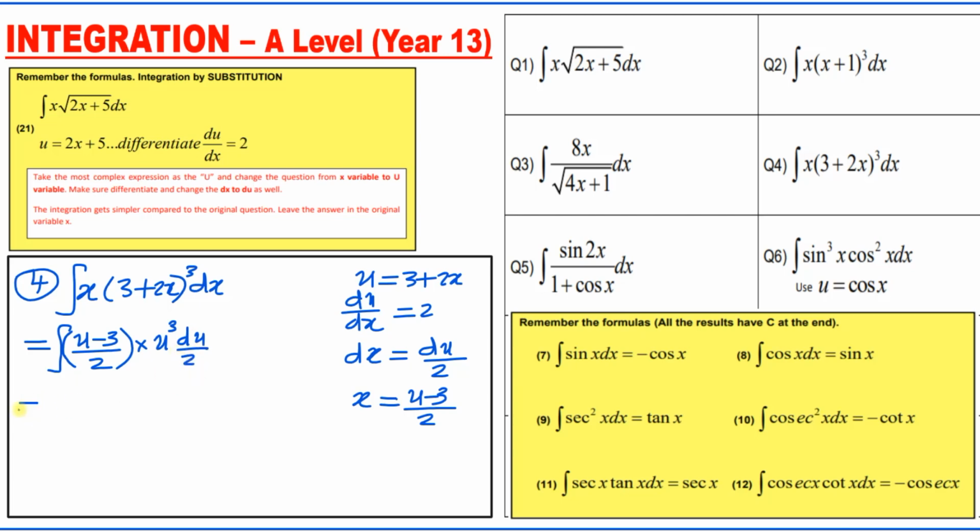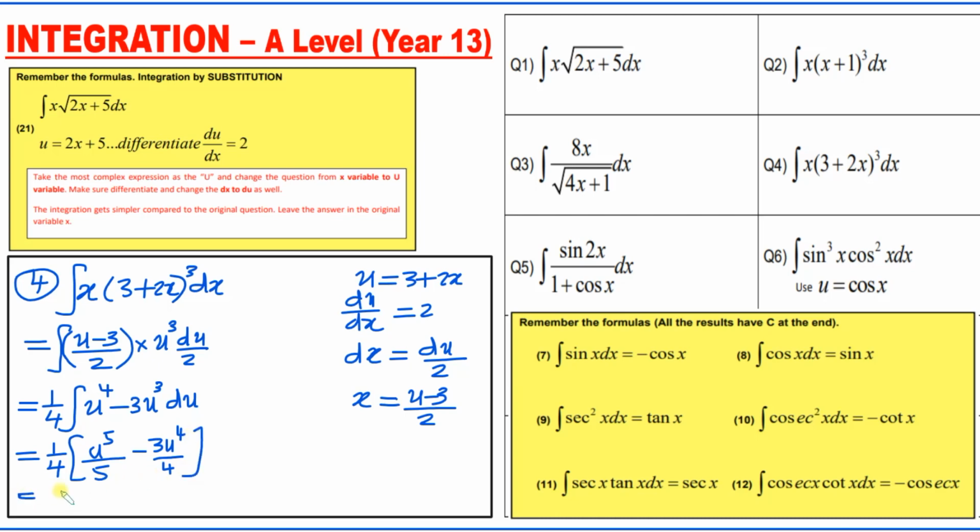So now a quarter outside, integrating u to the power 4 minus 3u cubed, du. Now we are going to integrate straight away: 1/4, and u to the 4 integrates to u to the 5 over 5, and minus 3u to the power 4 over 4, right? And that's how to do the integration.